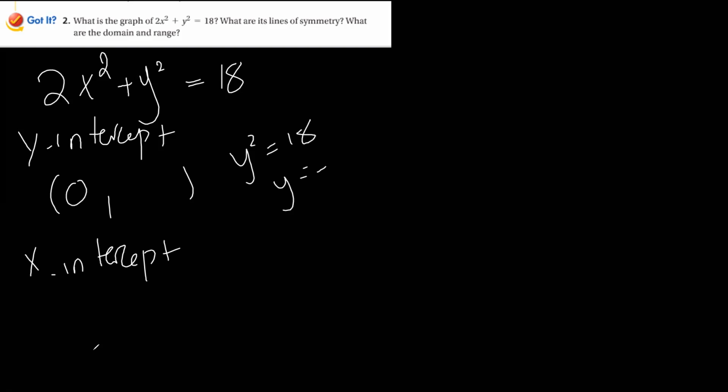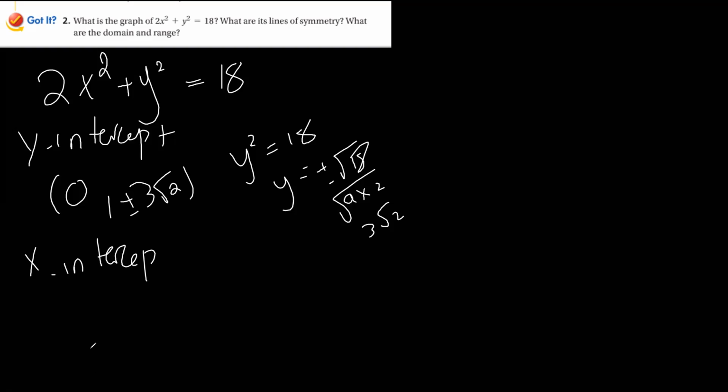So y will be positive negative square root of 18. And square root of 18, as you know, it's 9 times 2. So it will be 3 square root of 2. So I have to write now here 3 square root of 2.